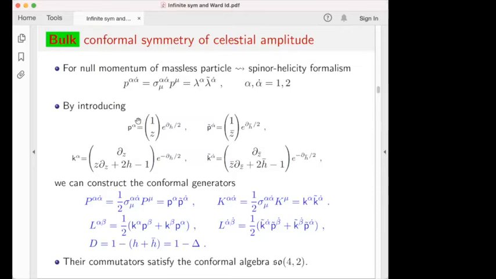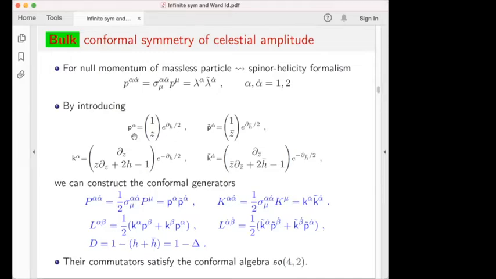We can similarly introduce the following set of spinors: p, p tilde, k, and k tilde. They have 2 components. For example, p_α has 2 components, 1 and z, multiplied by this e^{∂_h/2}. Here e^{∂_h/2} also implements a shift of dimension by 1/2.